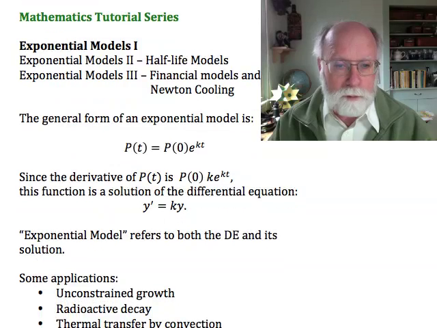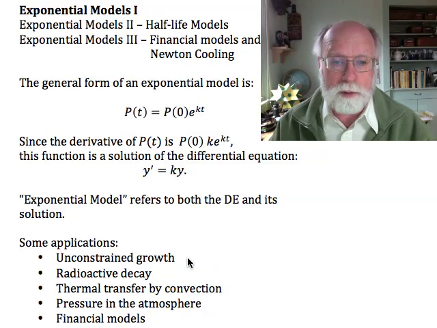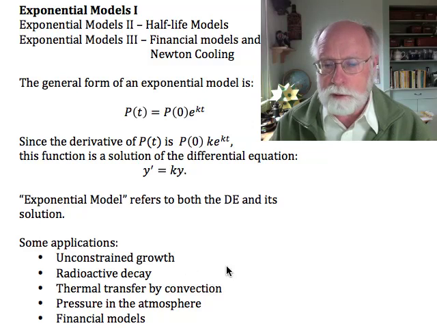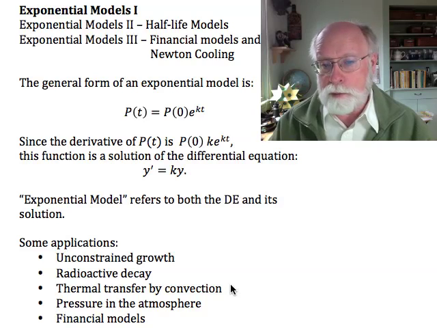There are lots of examples of exponential models. For example, unconstrained growth. When a population is growing without any limits, it will grow following an exponential model. A radioactive decay follows an exponential decay process. Thermal transfer by convection is modeled by a decaying exponential model.